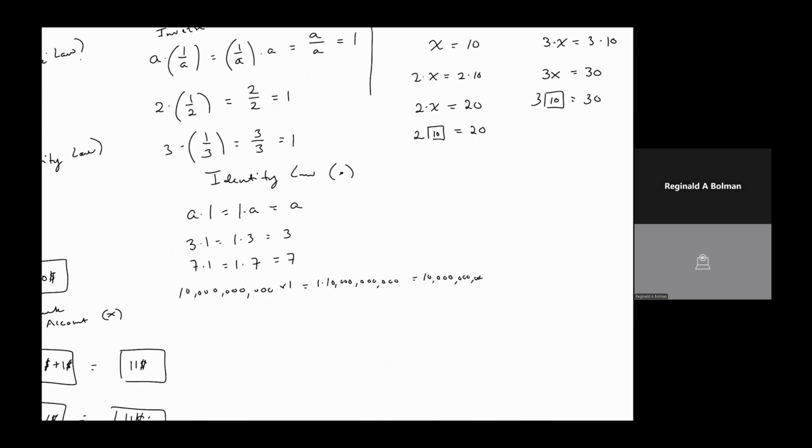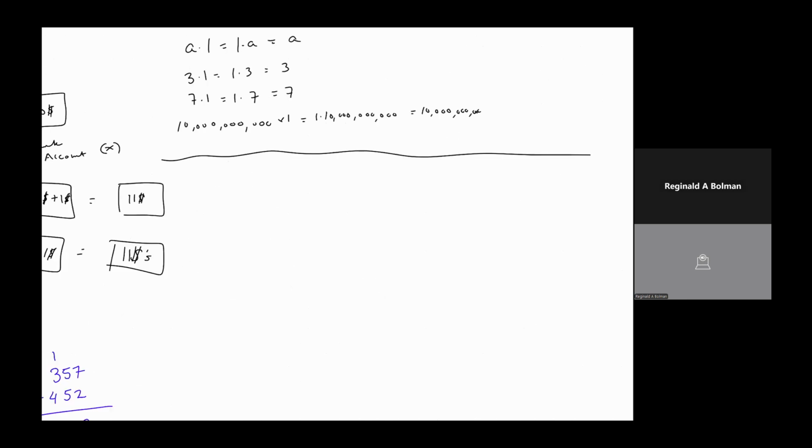Moving on to a more challenging case, suppose you have 153 times an unknown number is equal to 744. Obviously, we can't really solve this problem in our head, right? So what we're going to do instead is multiply both sides of our equation by 1 over 153.